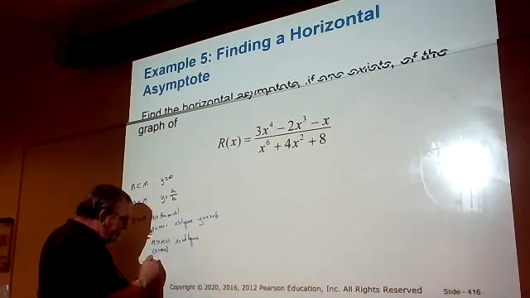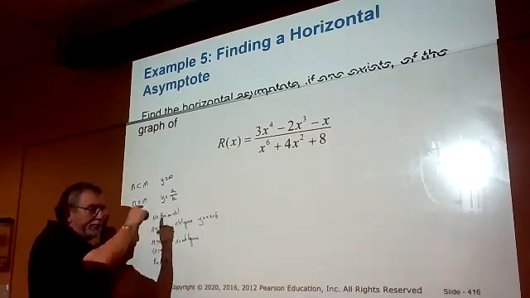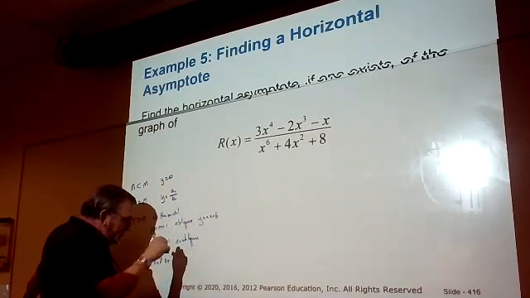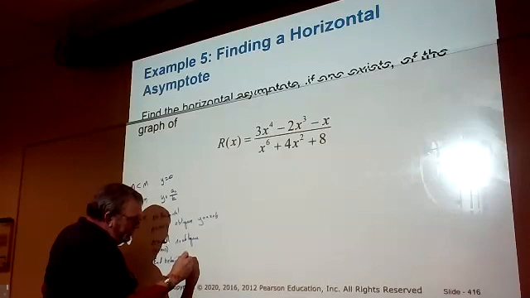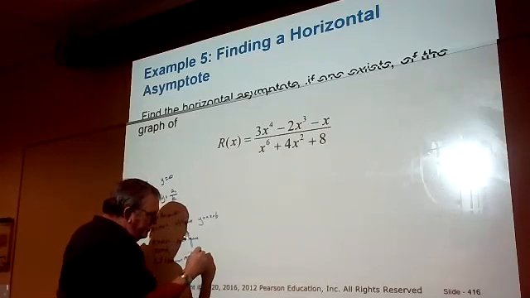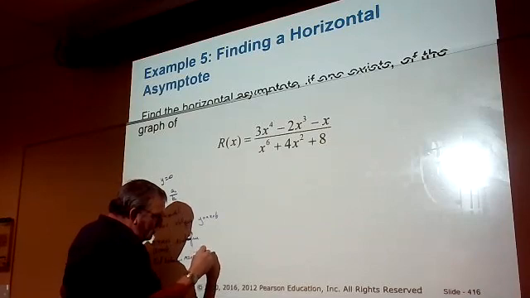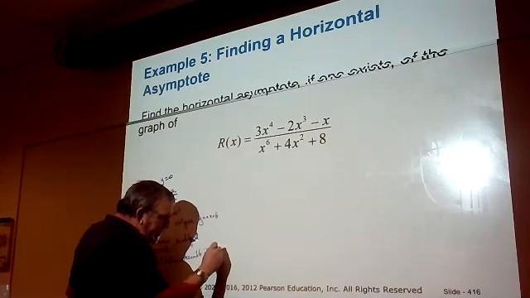And the end behaviors, because horizontal and oblique asymptotes are talking about end behavior, resemble y equals a sub n over b sub n times x to the n minus m.